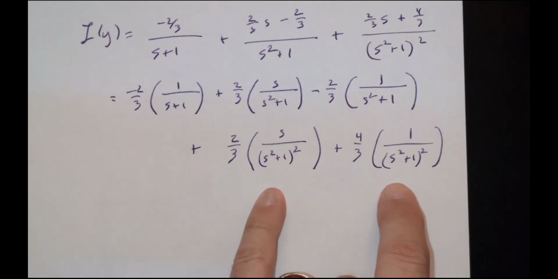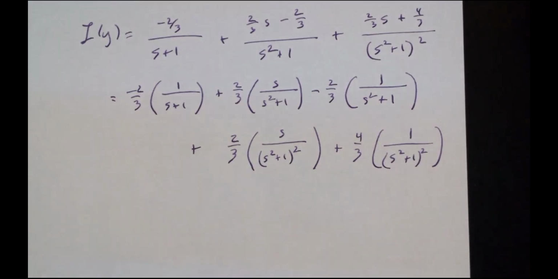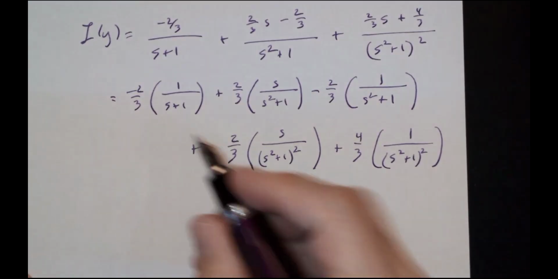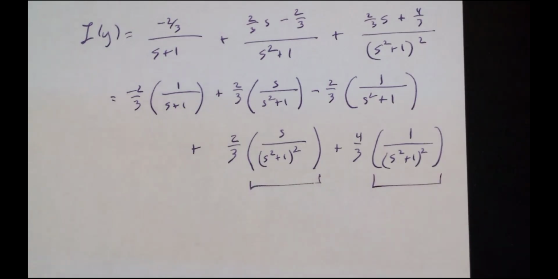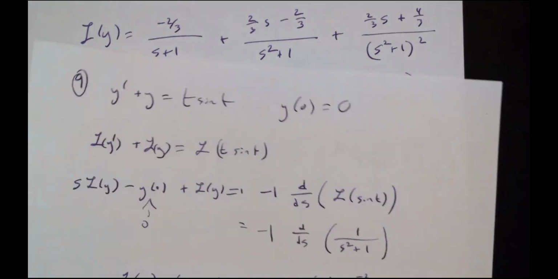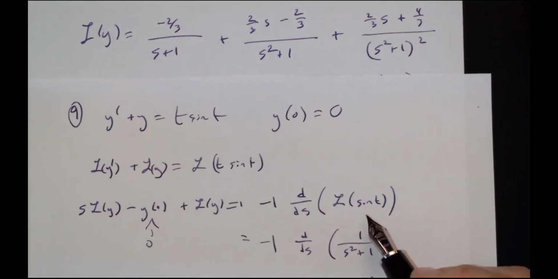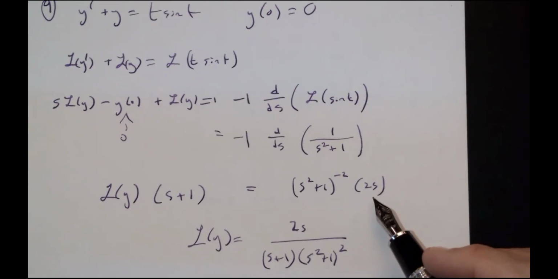So it's these that I have to kind of manipulate. These should somehow be t cosine t, t sine t, somewhere in there, right? But I know that when I did the Laplace transform derivative for sine t, I got this extra 2s on top.